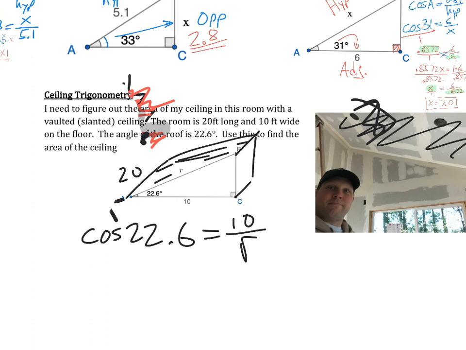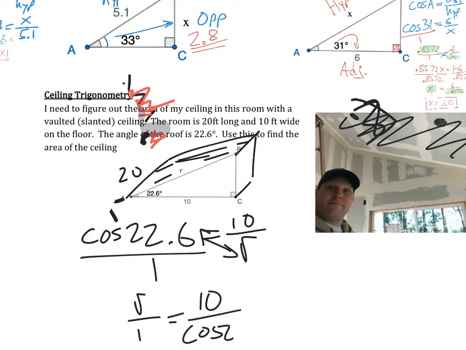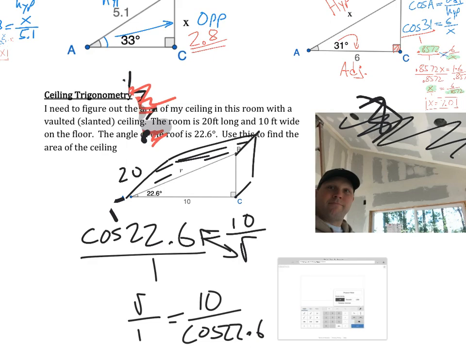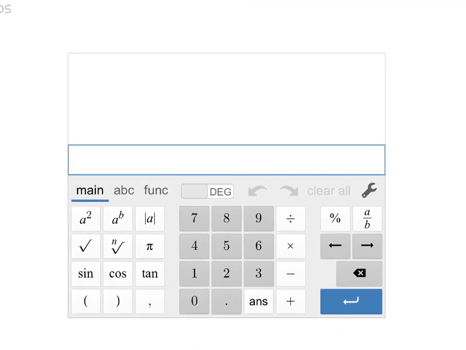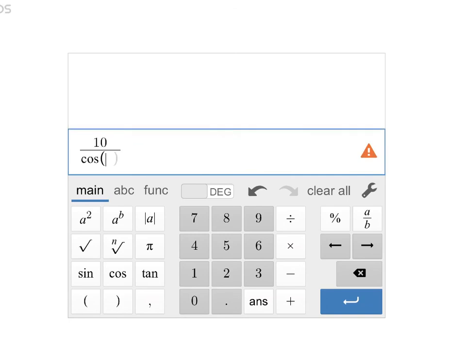So now let's use what we've just worked on. We know we can swap these two. So r over 1 equals 10 over the cosine of 22.6. Now we can just divide. Going to our calculator, we have 10 divided by the cosine of 22.6, and we got 10.83 feet.